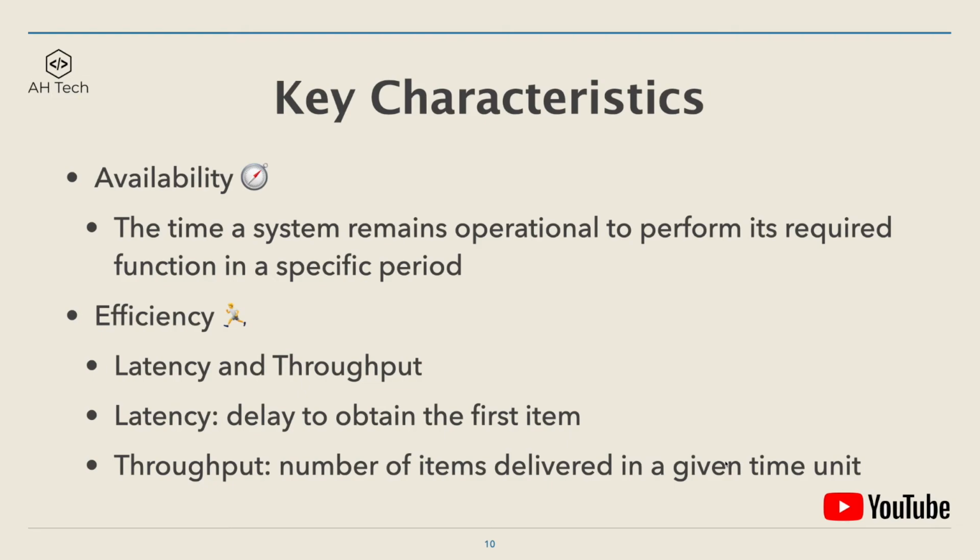You want to make your website or services as efficient and performant as possible. And the technical metrics for efficiency are latency and throughput. Latency is basically the delay to obtain the first item. When the user performs an action, what is the delay before your user can get the expected result? And throughput is defined as the number of items delivered in a given time unit.